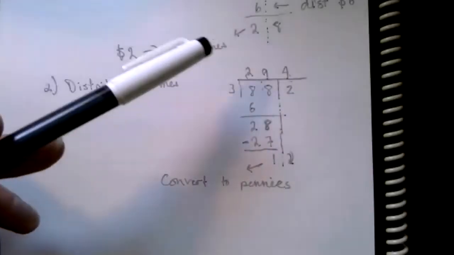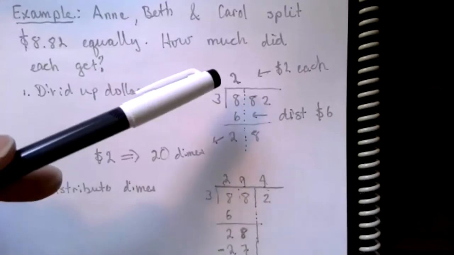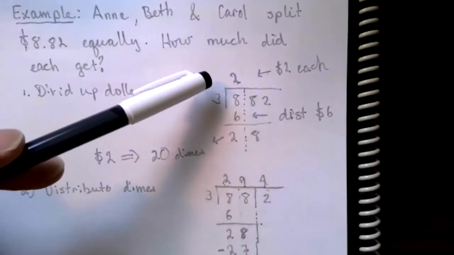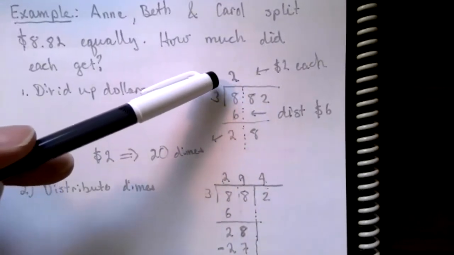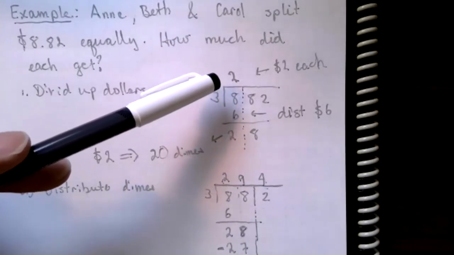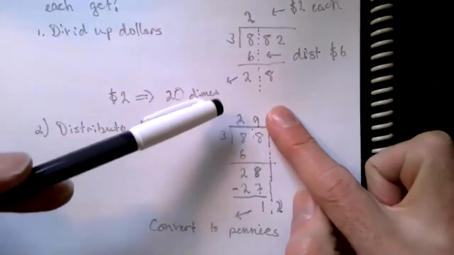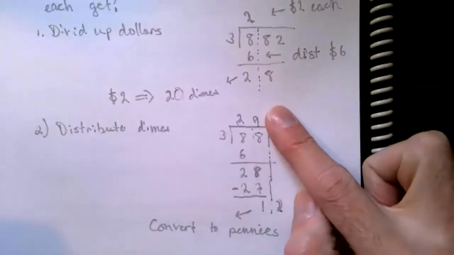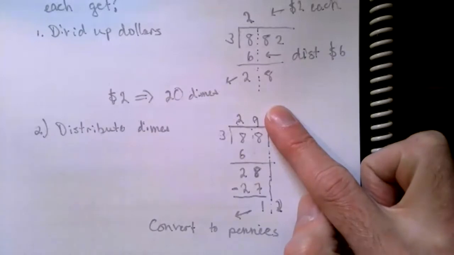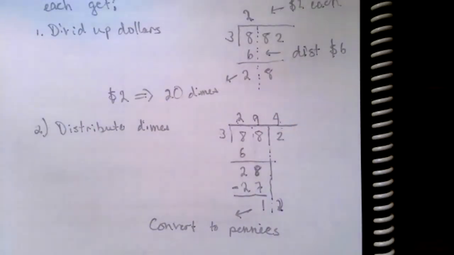Notice here on the first step, $2 each. That's an okay approximation of what everybody's going to end up with. If you're talking about just whole dollars, they each did end up with 2 whole dollars. At the next stage, before we did the pennies, $2.90, a better approximation to the answer. And then finally, we got the pennies. Each person got 4 pennies.